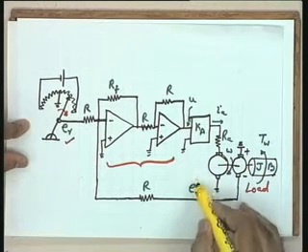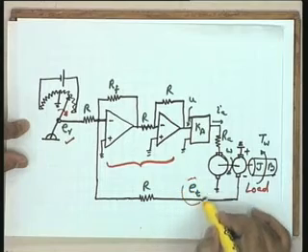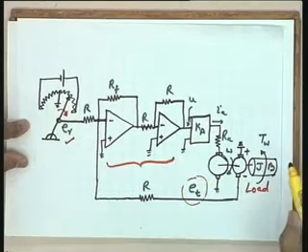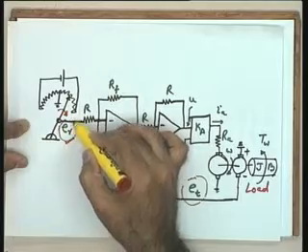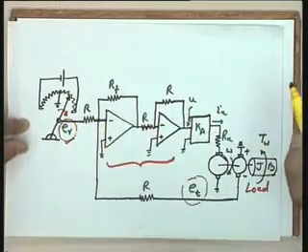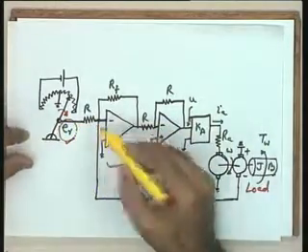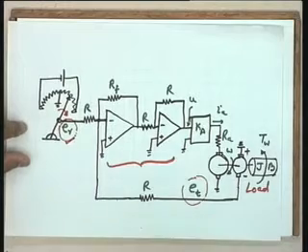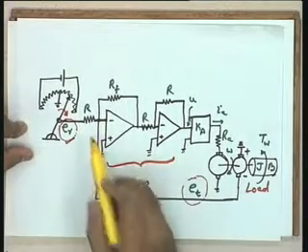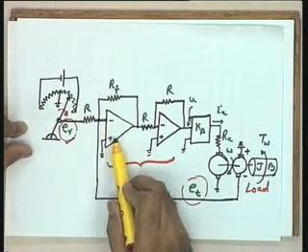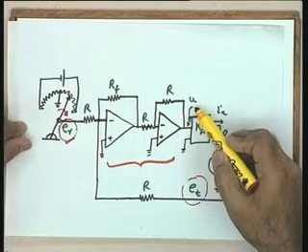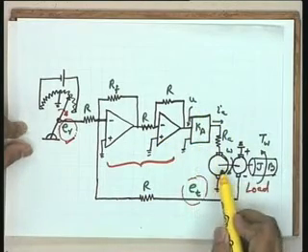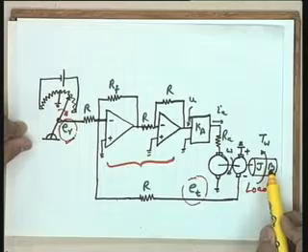So, ET has the necessary information about the controlled variable, ER has the necessary information about the commanded value, and the difference of the two gives you an actuating error signal. This actuating error signal is amplified, and this amplified signal, which now becomes the control signal U, is given to the actuator, and the actuator is running the load.